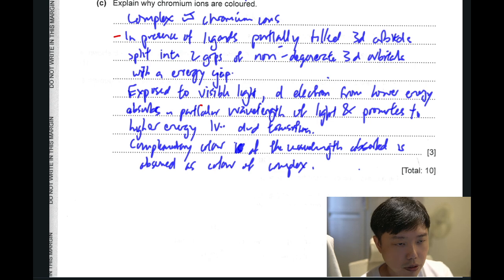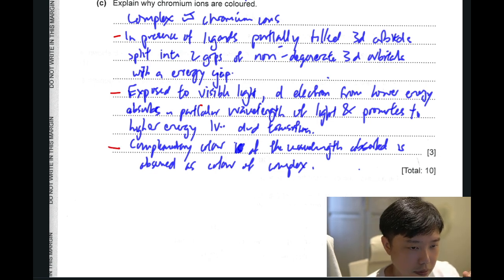First point is your d orbital splitting, second point is your d-d transition, and the last point is that the color that is not absorbed, the complementary color, is shown as the color of the complex.